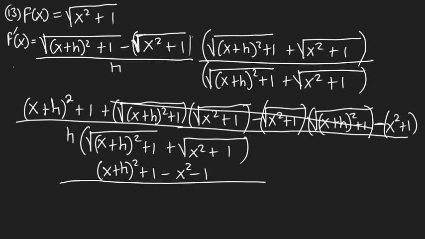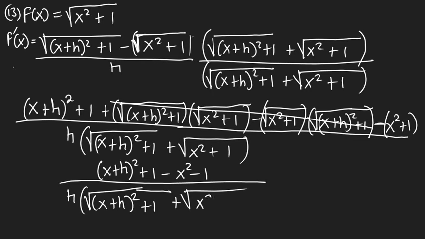Then this is going to be all over by h, open brackets, square root of x plus h plus 1 plus square root of x to the power 2 plus 1. Okay, so I can wrap the top part.